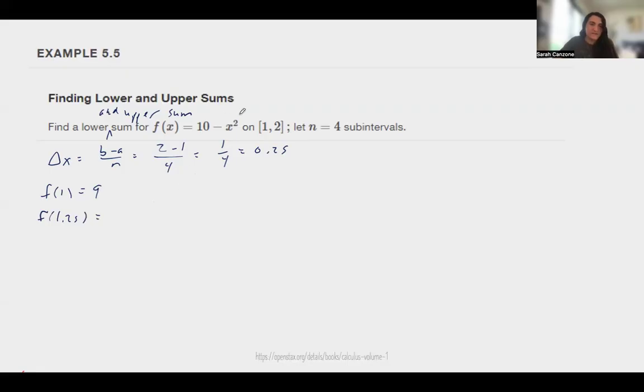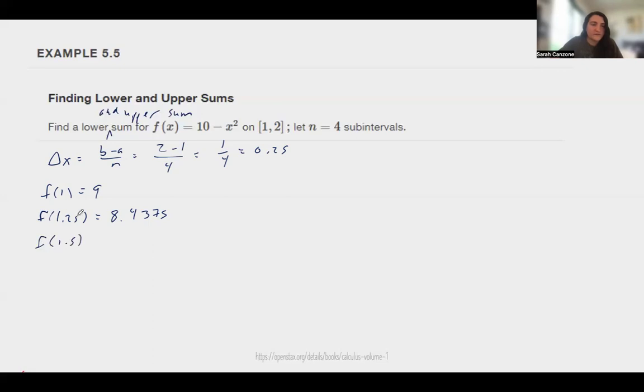Instead of making you sit through my calculations, I have them written right here. So this is 8.4375. And like I said, it's very important to get them down from the beginning so that there's a little less room for error once you get to the actual computations.